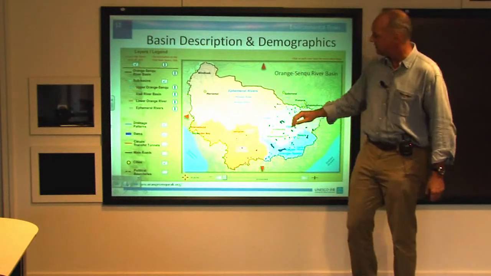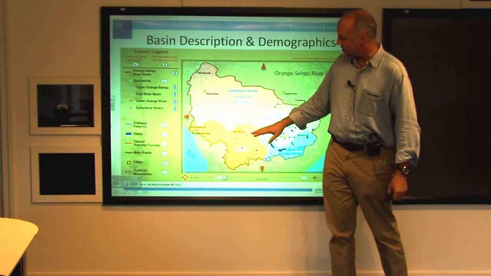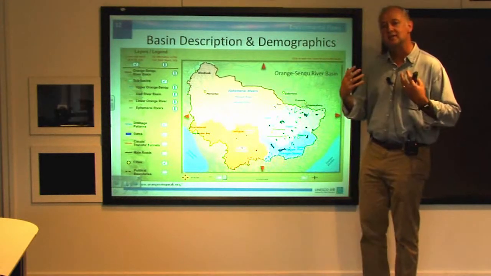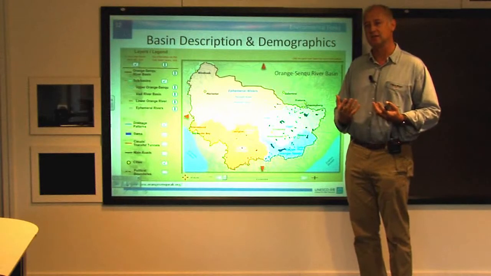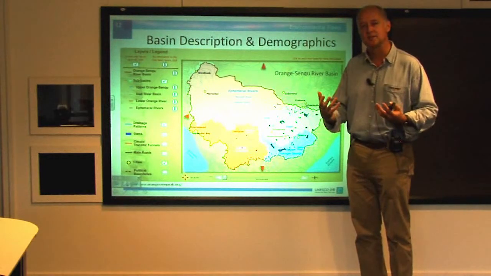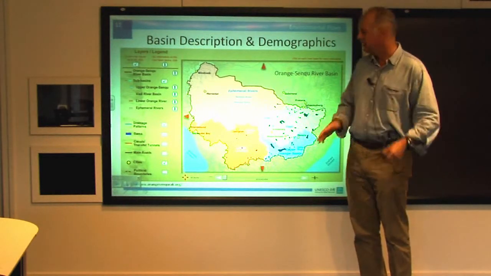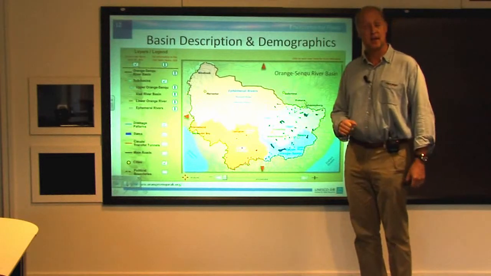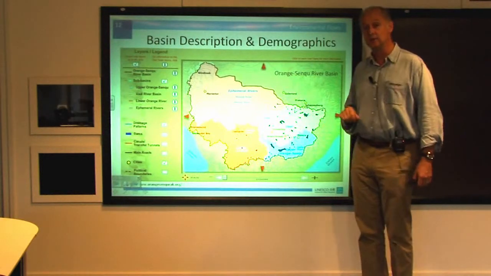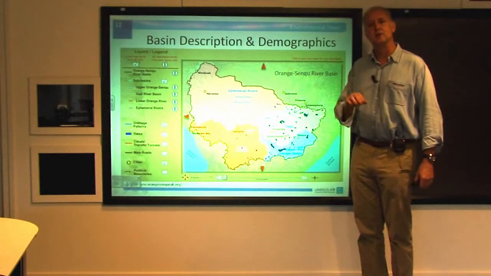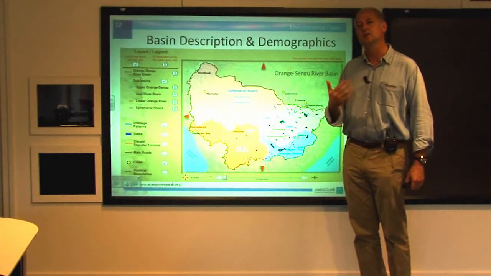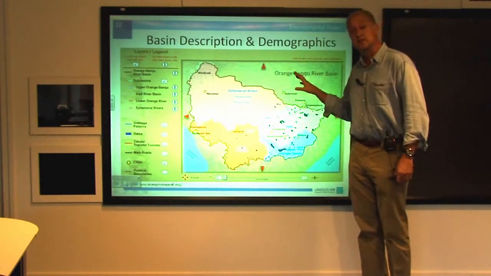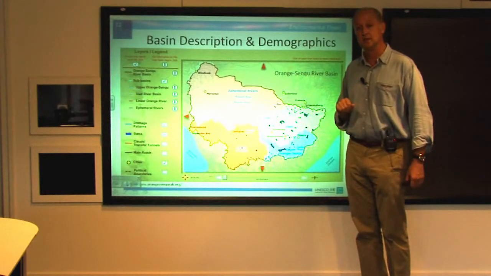But there is a River Awareness Kit that provides a wealth of information, well presented both in text and visually. And there's a link to that site, the information about the Orange Senqu, at the bottom of each slide, and you'll also find it in the text. So I encourage you to go and explore this River Awareness Kit yourself.